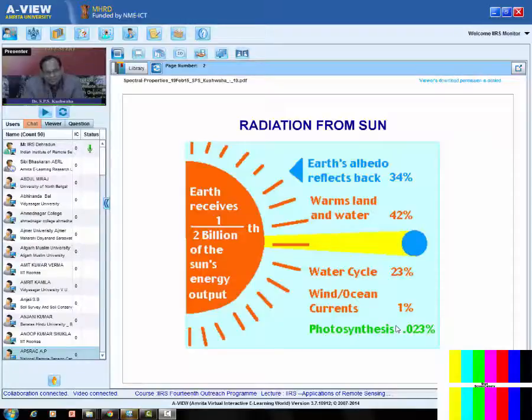Sun is the major force driving monsoon cycles, water cycles, and also if there is no water, there is no photosynthesis, because then water or H2O becomes a limiting factor.